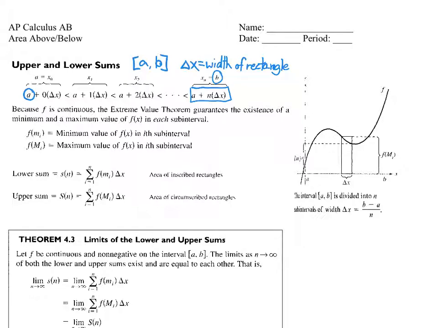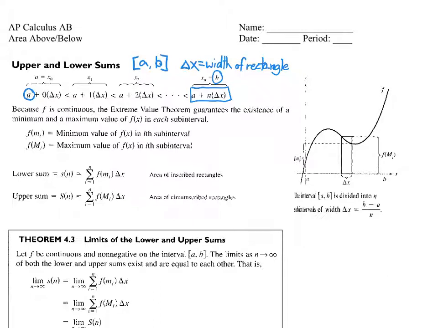Now, this is something that's kind of interesting because we were looking at the lower sums and the upper sums yesterday. All right. Notice it here, it says, because f is continuous, the extreme value theorem guarantees the existence of a minimum and a maximum value of the function in each subinterval.